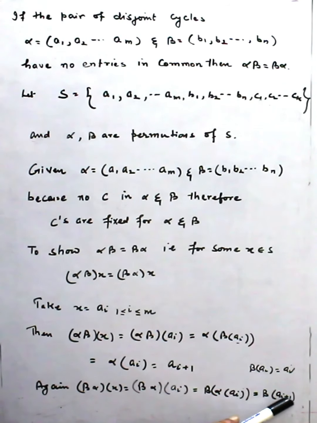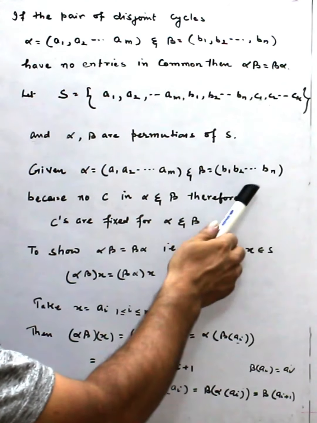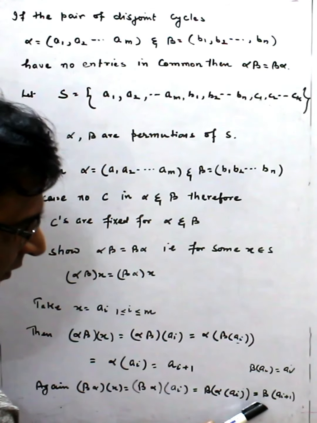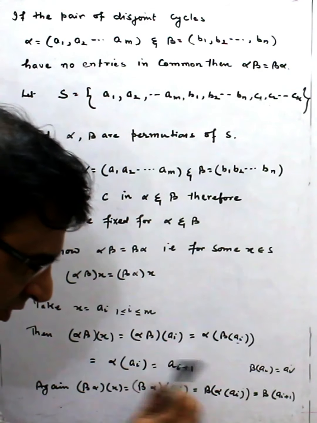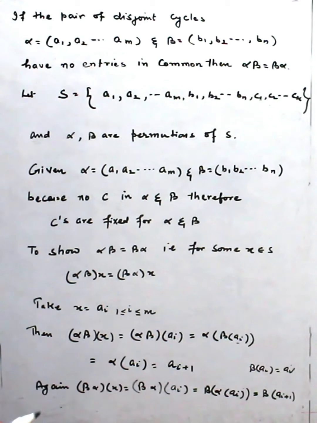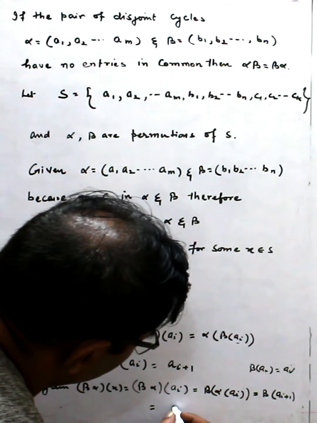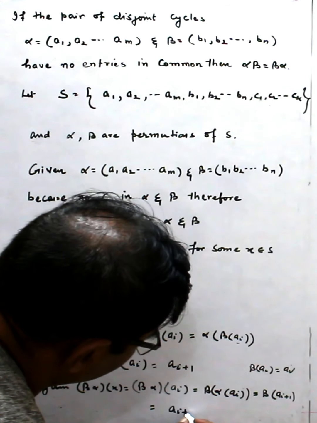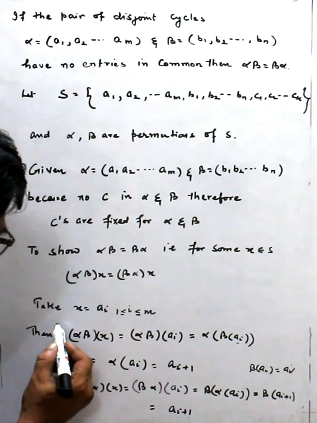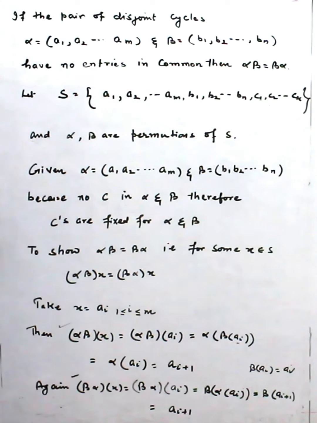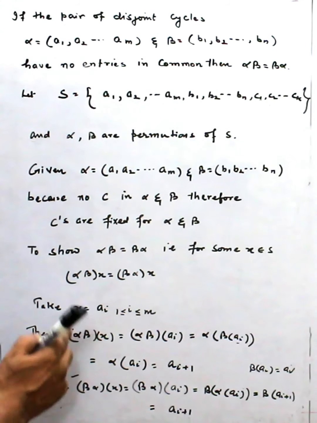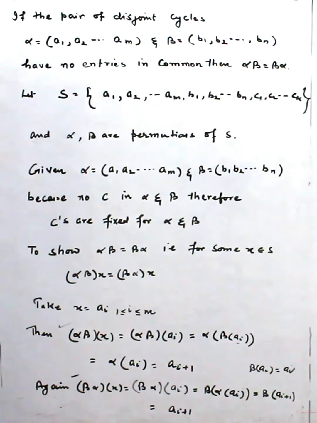Now because ai plus 1 is also not in beta, it is fixed for beta, beta cannot change it. That means this becomes ai plus 1. Now from this part and this part we see these are the same element.